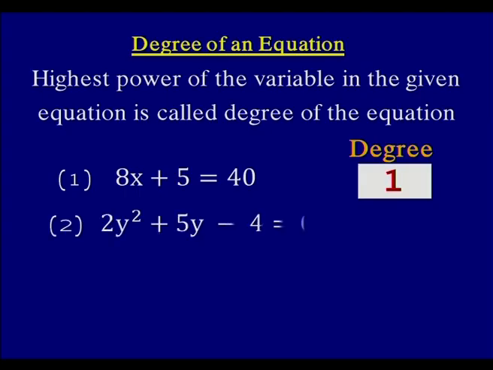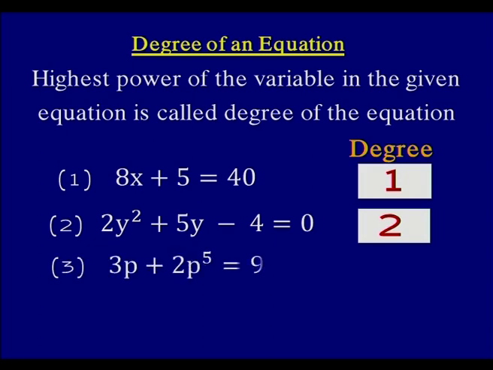Second one, 2y square plus 5y minus 4 is equal to 0. First of all tell me what is the variable in this? y is the variable. The highest power is 2, that is why it is a second degree equation.